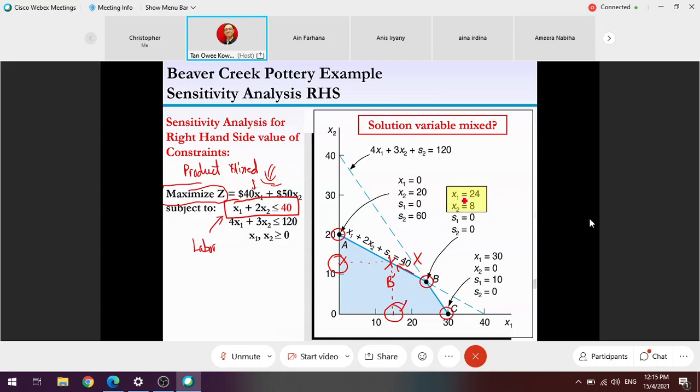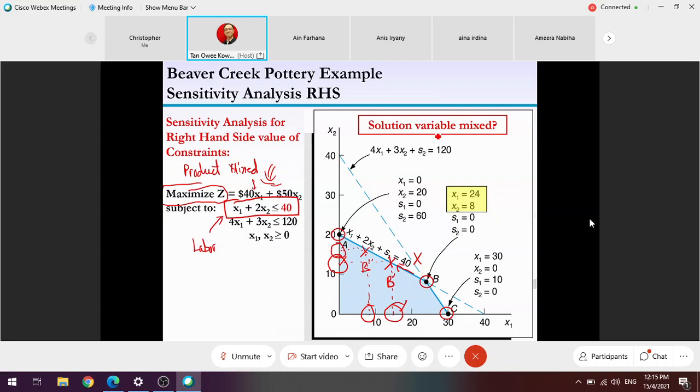quantity of mug. If I change again to B double dot, the same thing. At B double dot, it still will propose me to produce a certain quantity of ball, a certain quantity of mug.